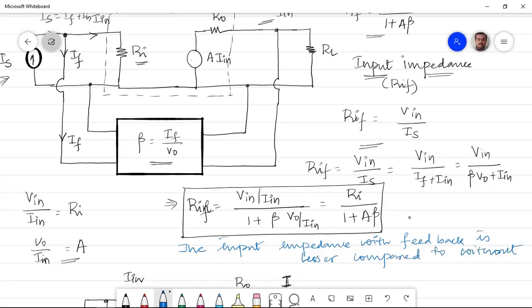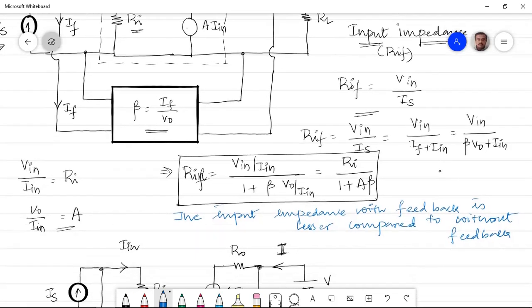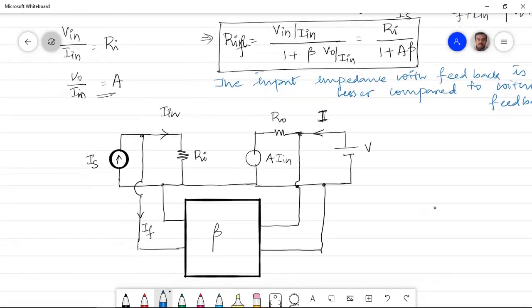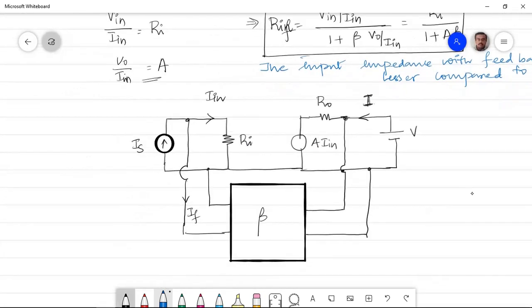Okay, this is the conclusion we draw. Is this clear to all of you? Yes. Let's look at the output impedance calculation now. I already have the circuit with me. This is for the output impedance.